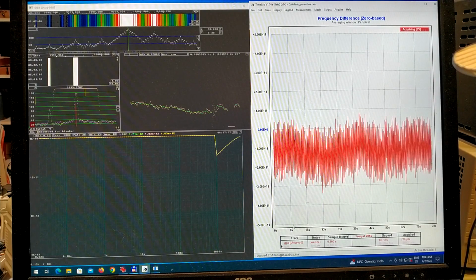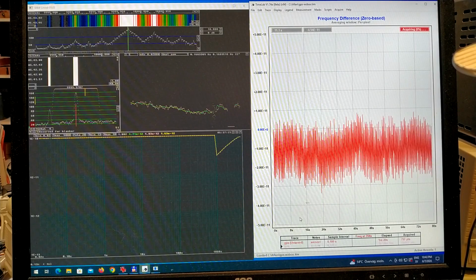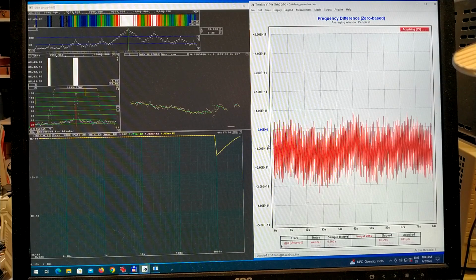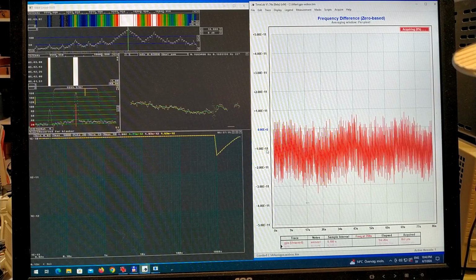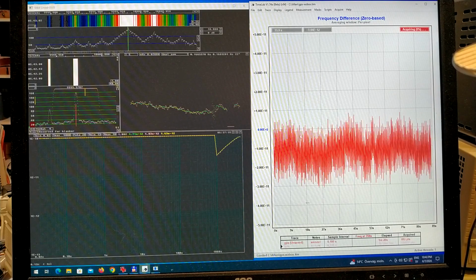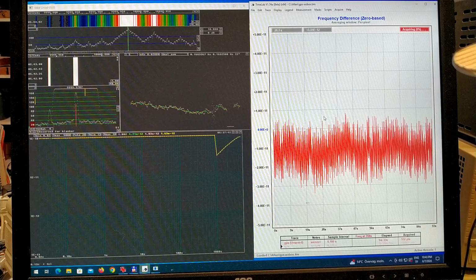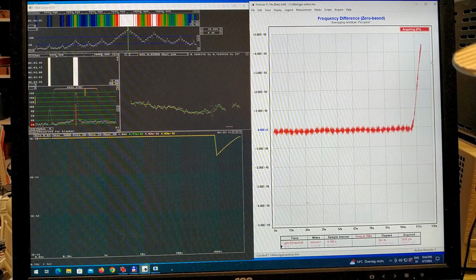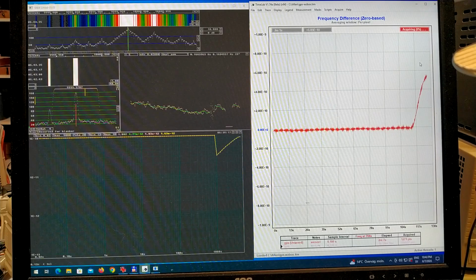So here is the frequency versus time for the ongoing measurement, and you see the numbers are 10 to minus 11 here, so it's a very expanded scale. What happens here is that I change the supply voltage by 10 millivolts.